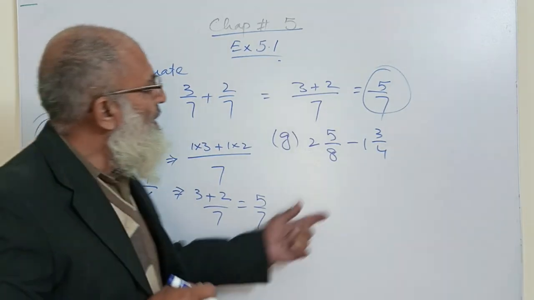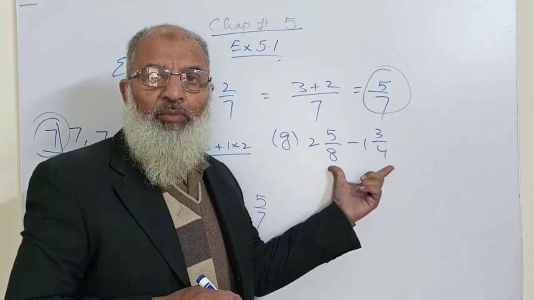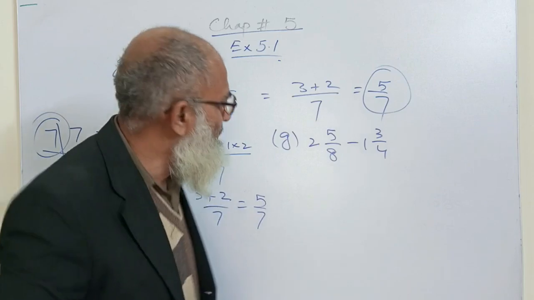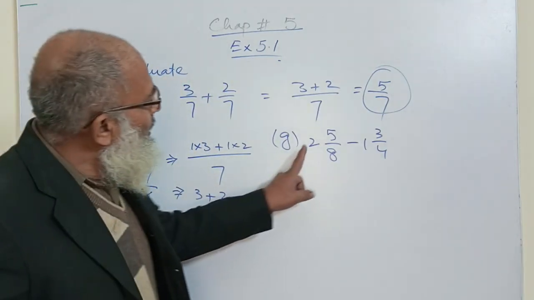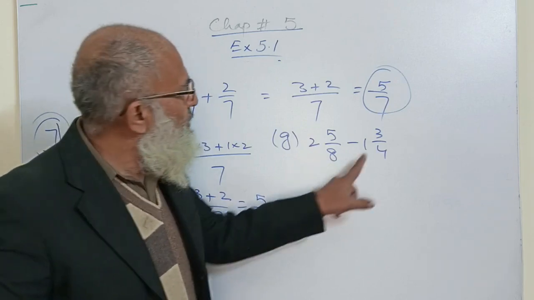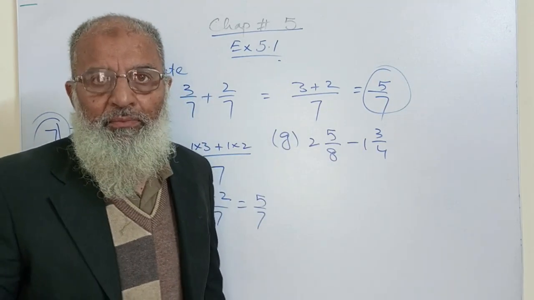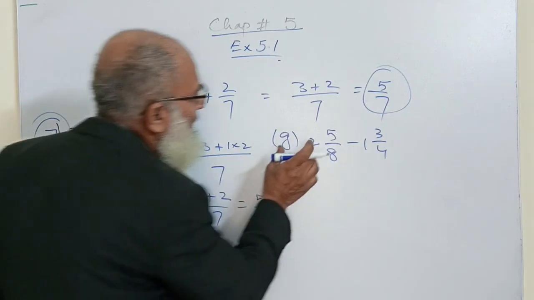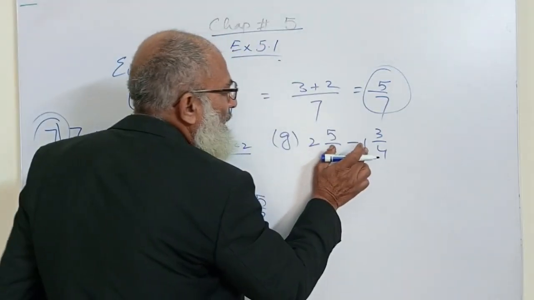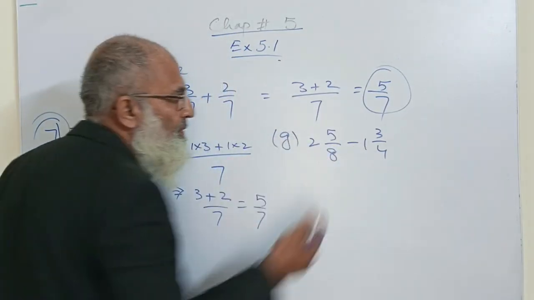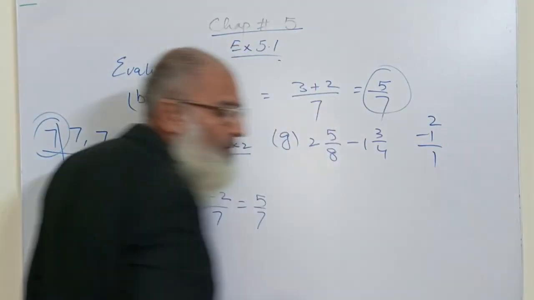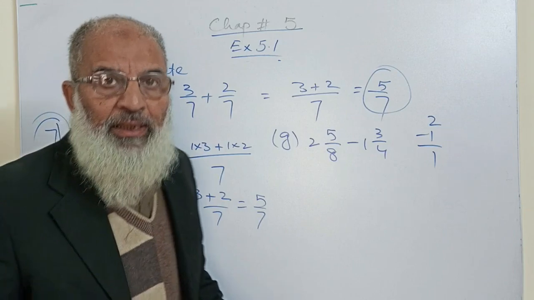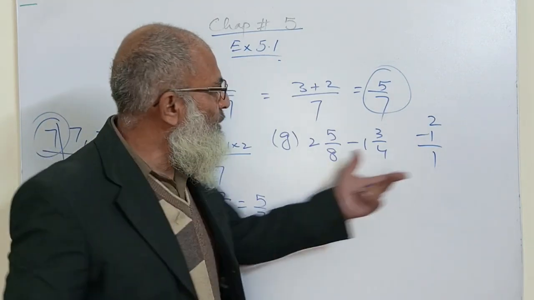Now you see that we don't have the common denominators over here. Now there are two methods of doing it. You see, this 2 is a whole number, this 1 is a whole number. You just simply minus this 1 from this 2. 2 minus 1 is 1. Now what is the net whole number?